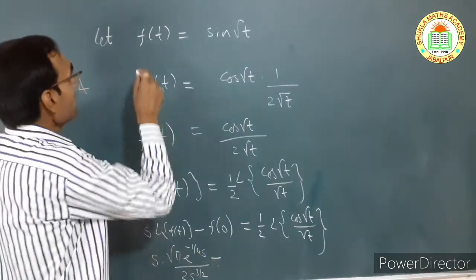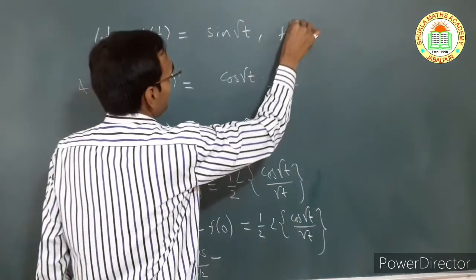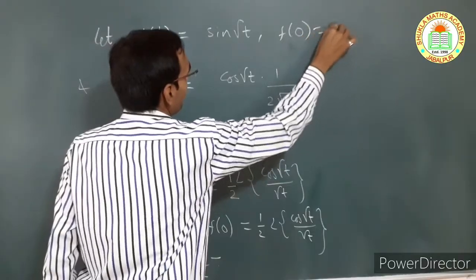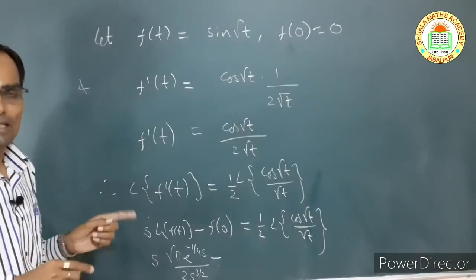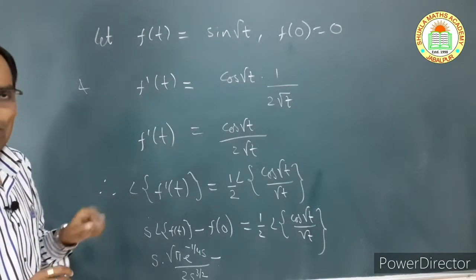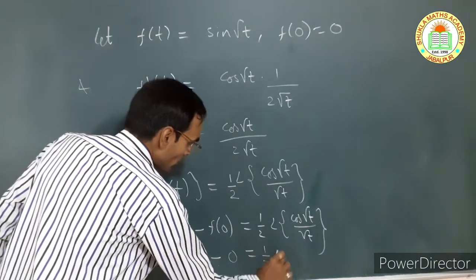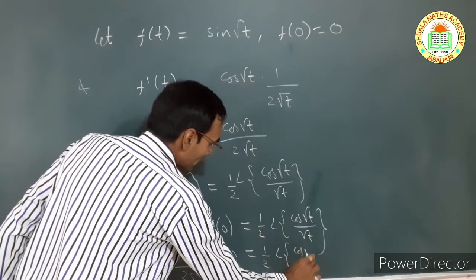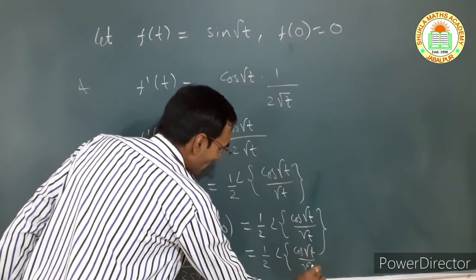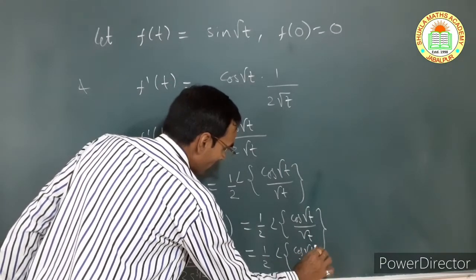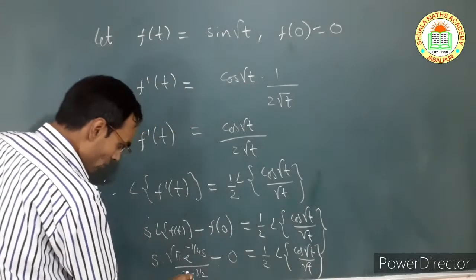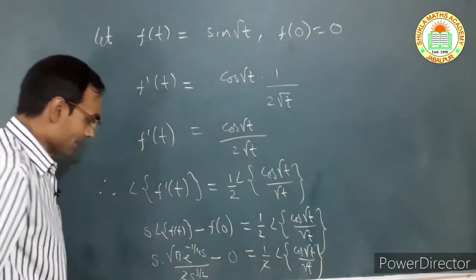Now see that here f(t) is sin root t, so f(0) becomes 0 because sin 0 is 0, and this equals 1 upon 2 Laplace of cos root t by root t. And this 1 by 2 and that 1 by 2 will be cancelled.